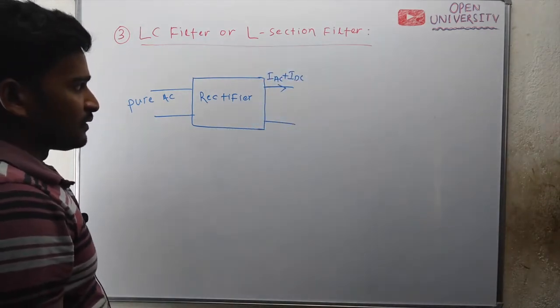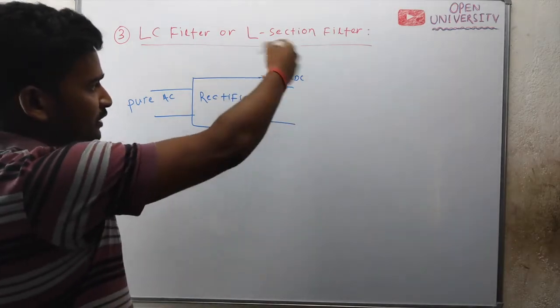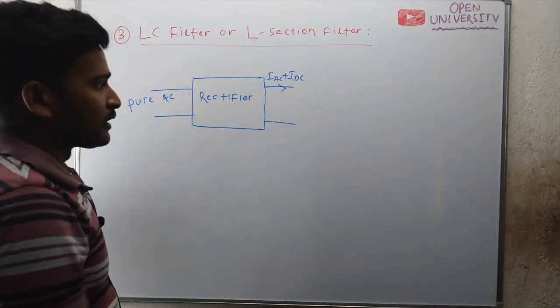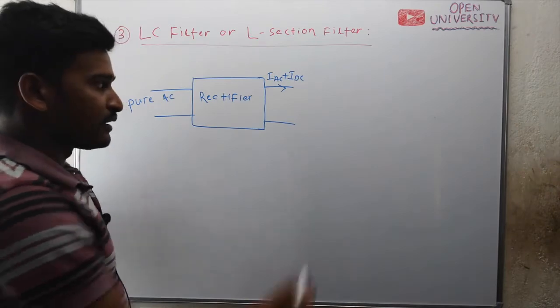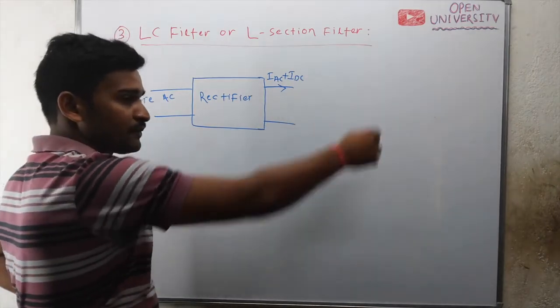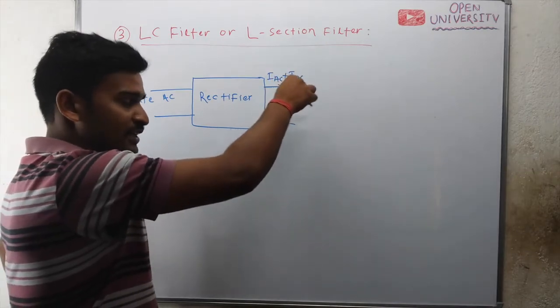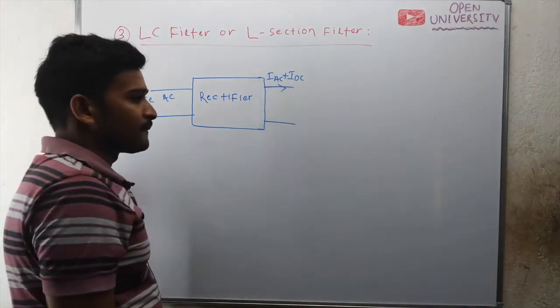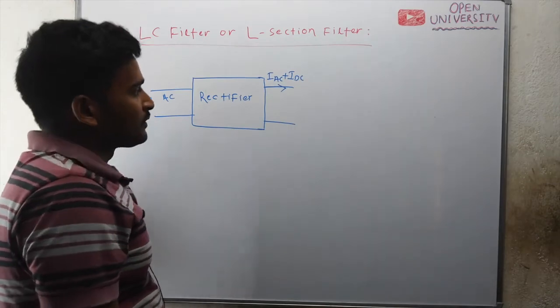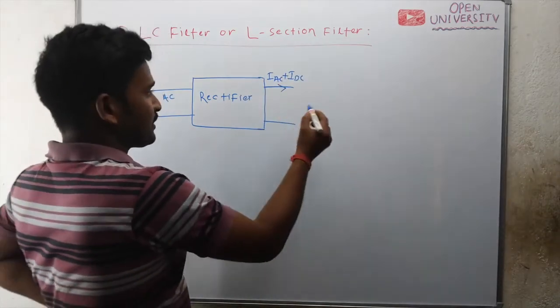In the last class we discussed the inductor filter, how it removes this unwanted AC component by connecting a large inductor in series with RL. Then we studied the capacitor filter, where the capacitor was connected in parallel to RL. Now see what is LC filter.